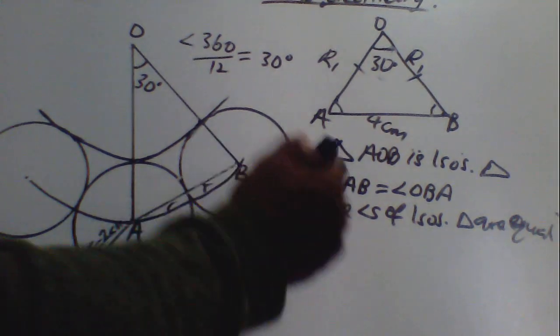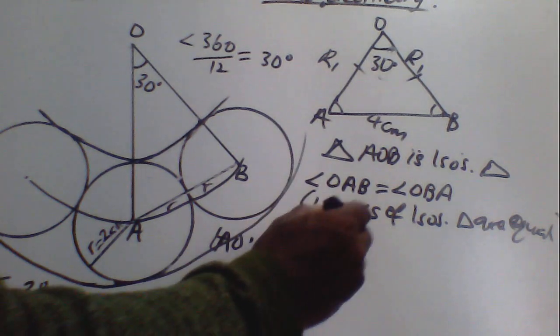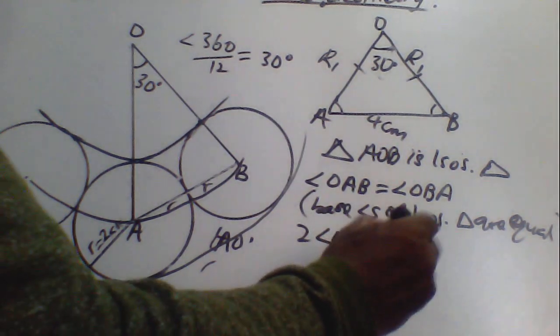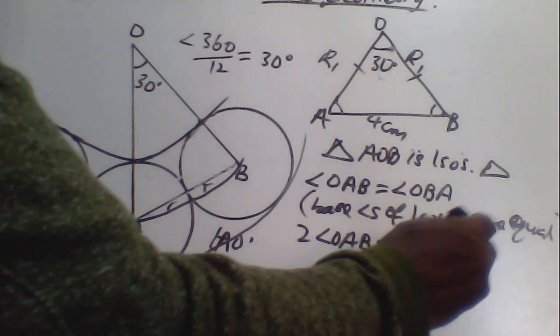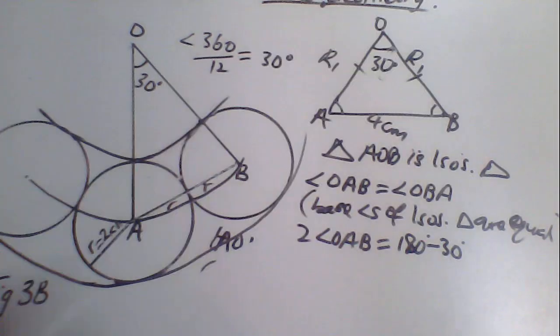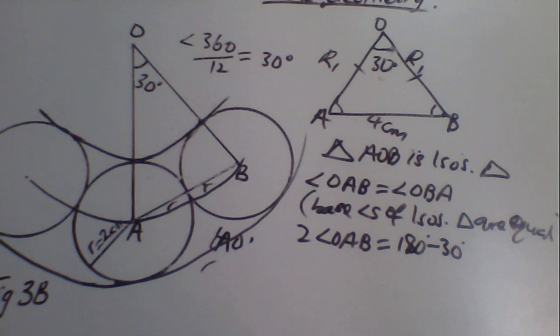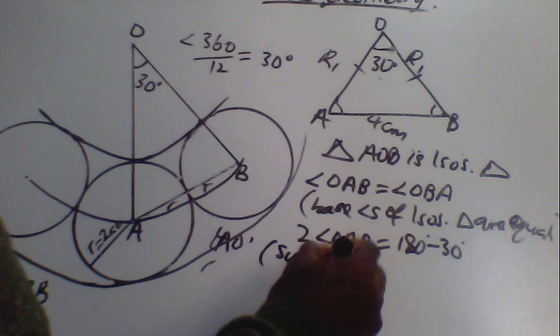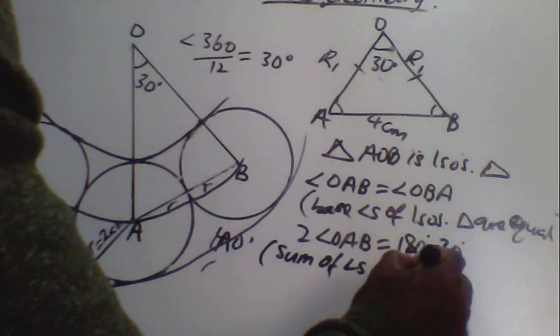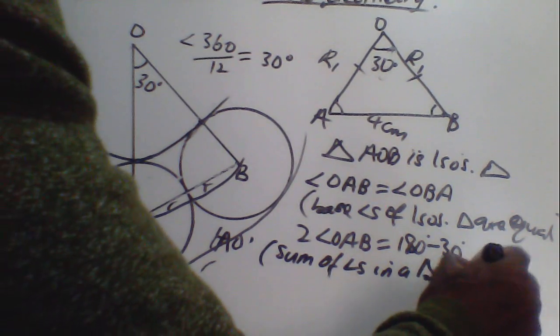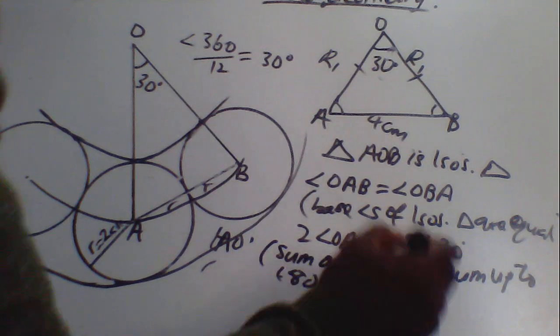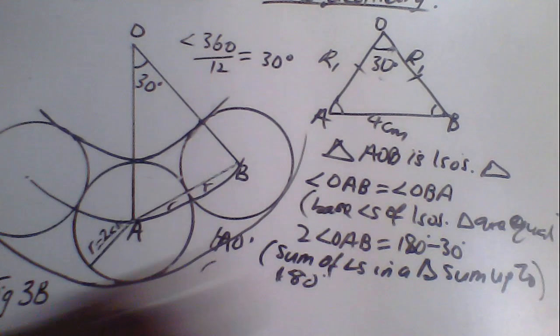For that reason, 2 angle OAB will be equal to 180 minus 30 degrees, where 30 degrees is angle AOB. The reason is that the sum of angles in a triangle is 180 degrees. You must give reasons when you solve your questions.